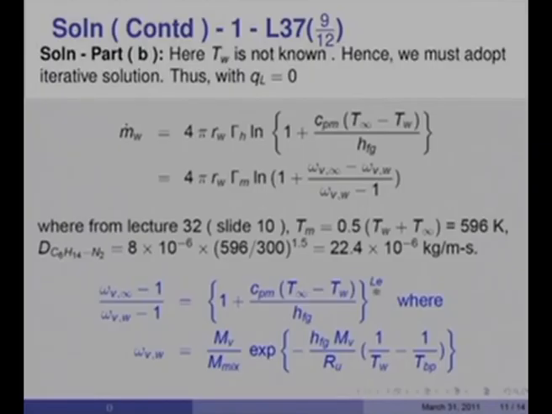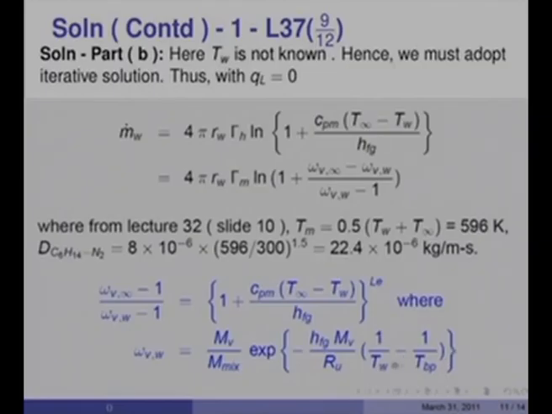And omega V W will be from the Clausius-Clapeyron equation, mV by m mix, where mV is the vapor, times exponential of minus HFG mV by RU into 1 over TW minus 1 over TBP.